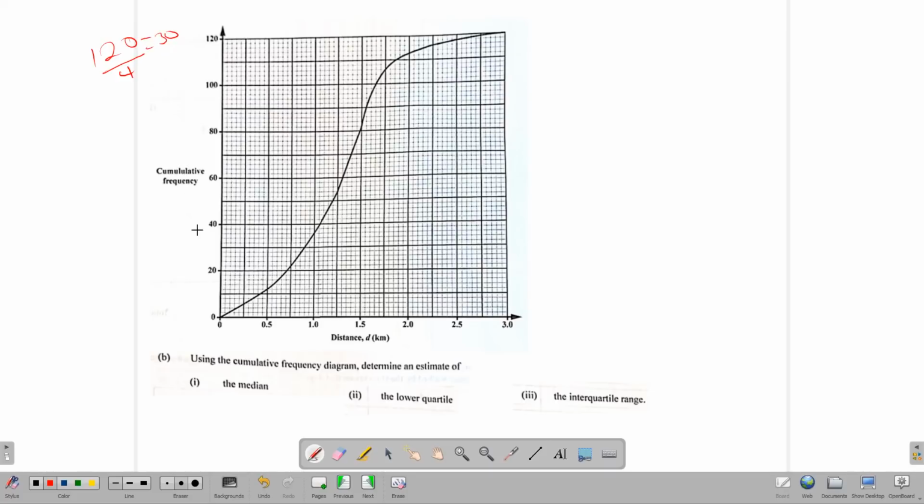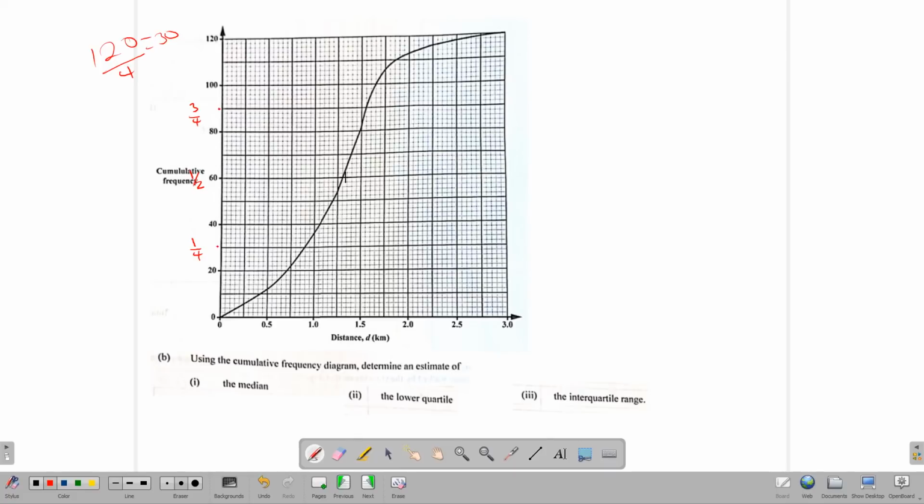So each of the 30 points are important for us. So 0, 10, 20, 30. This is the first one. So this would be the quarter way point. At 60, we have the halfway point. And at 90 here, we have the 3/4 way point. And these are important in finding our values.